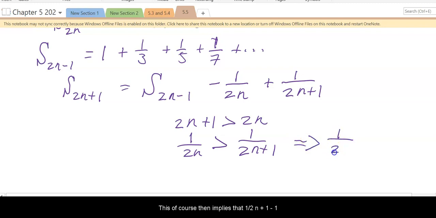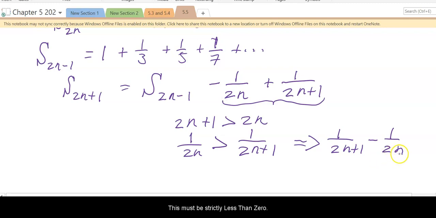that 1 over 2n plus 1 minus 1 over 2n, which is what I have up above, must be strictly less than 0. Again, this is because the narrow end is pointing to this, and I subtracted the 1 over 2n from each side, leaving this expression less than 0.